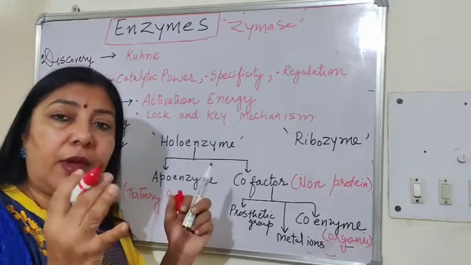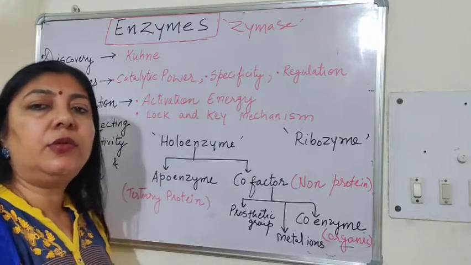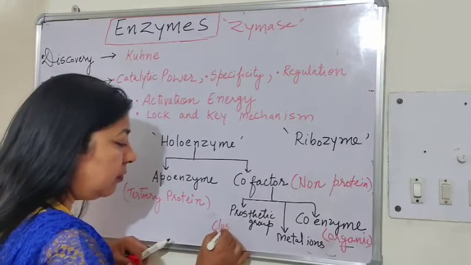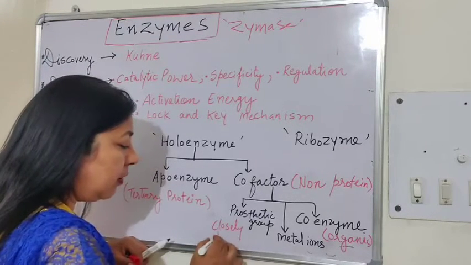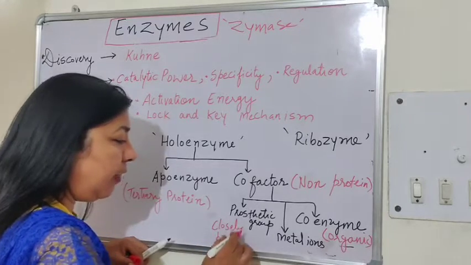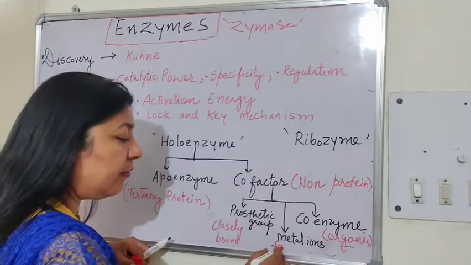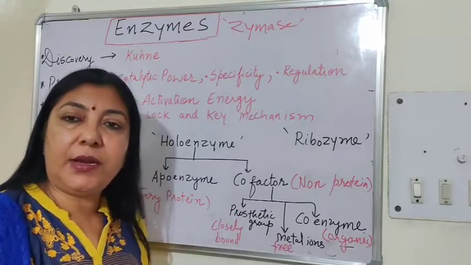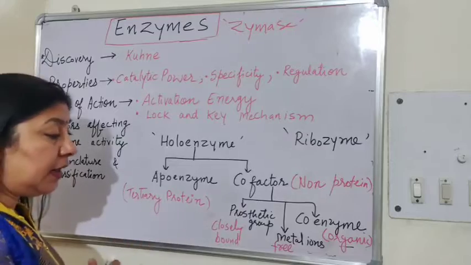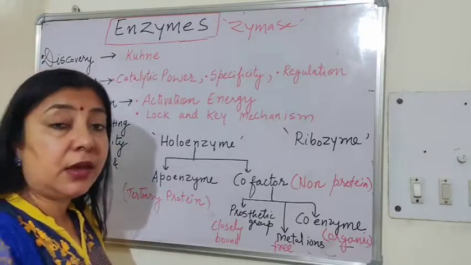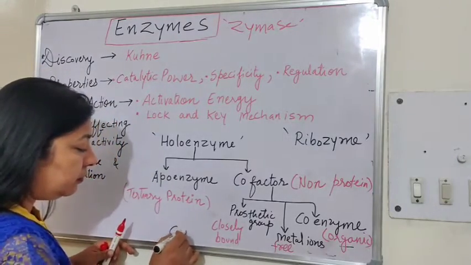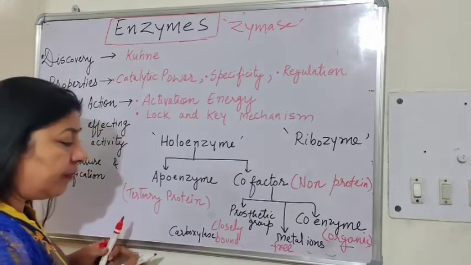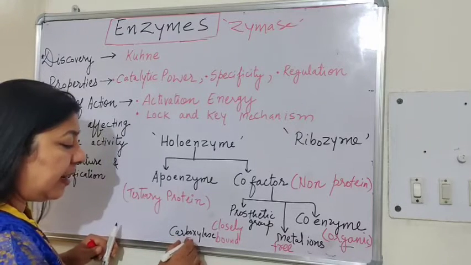Prosthetic groups are very closely bound to the enzyme. Whereas when metal ions are free, they are called metal ions. For example, in the enzyme carboxylase, iron is very tightly bound.